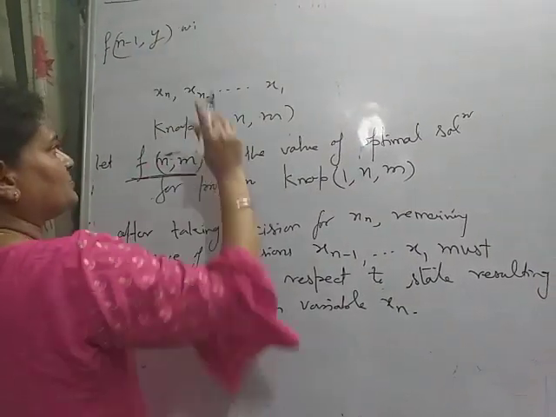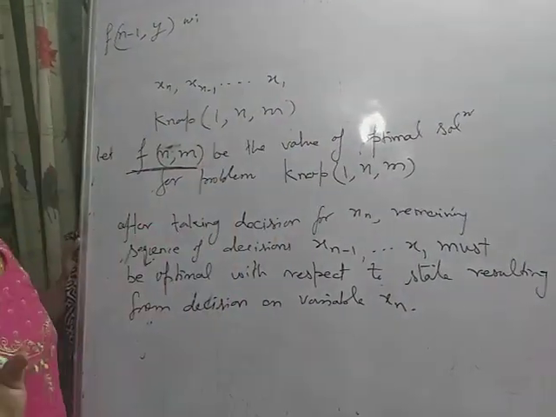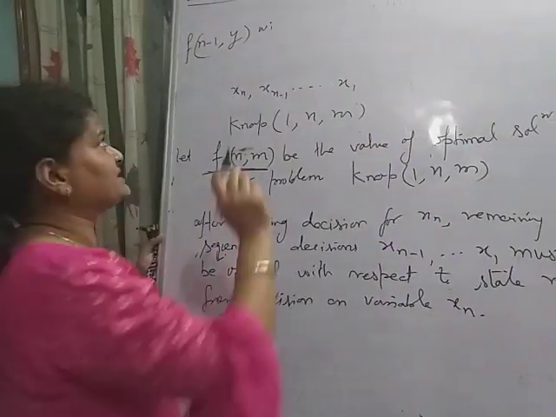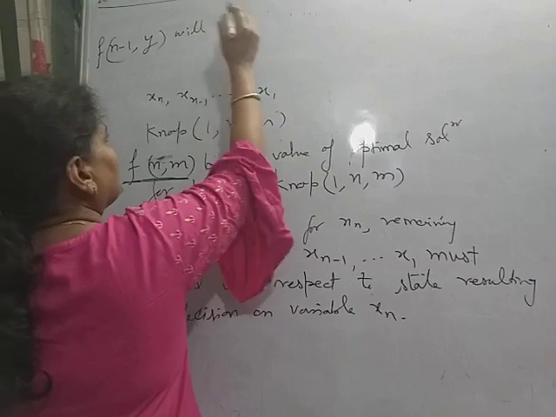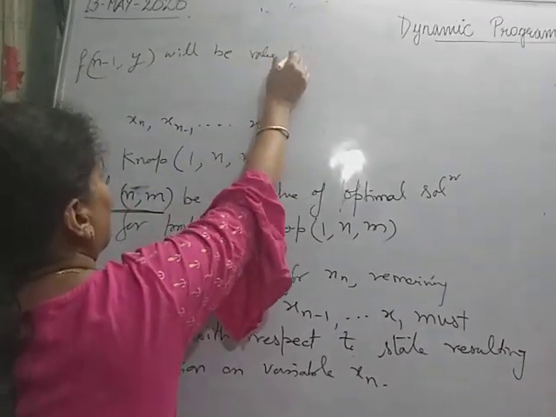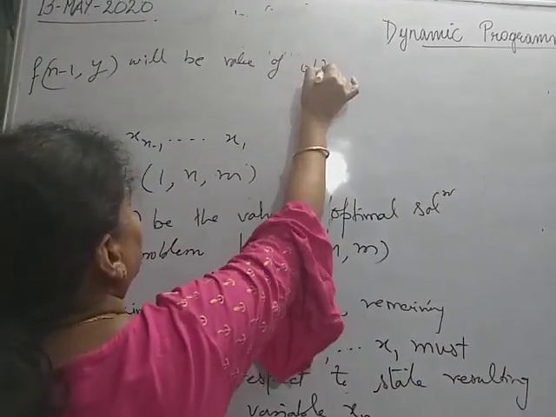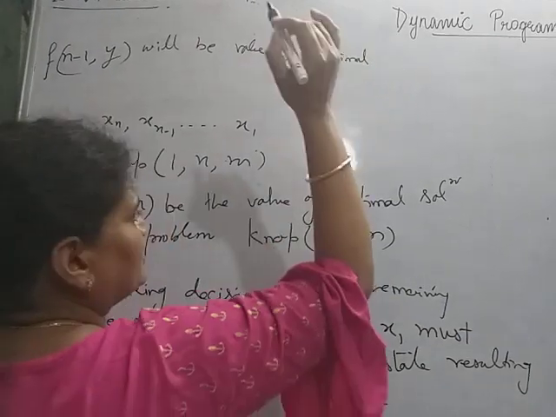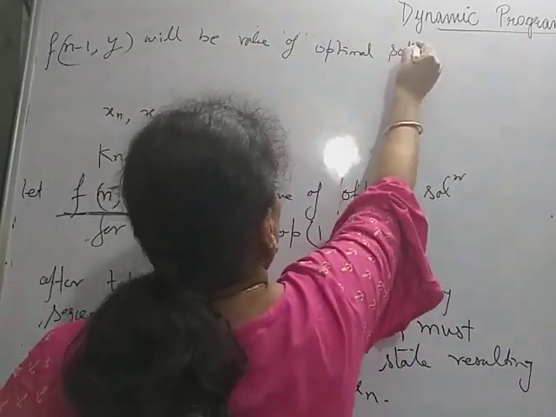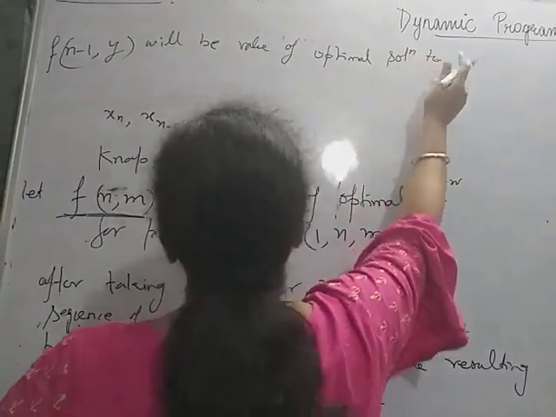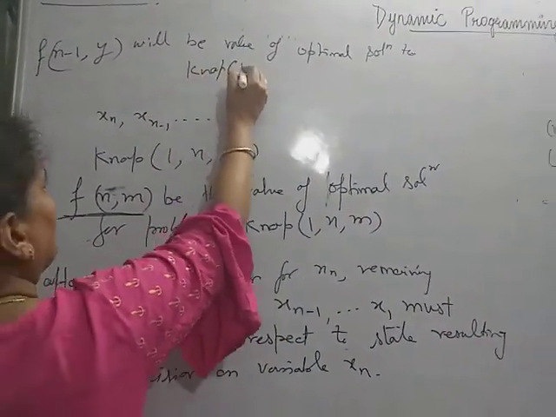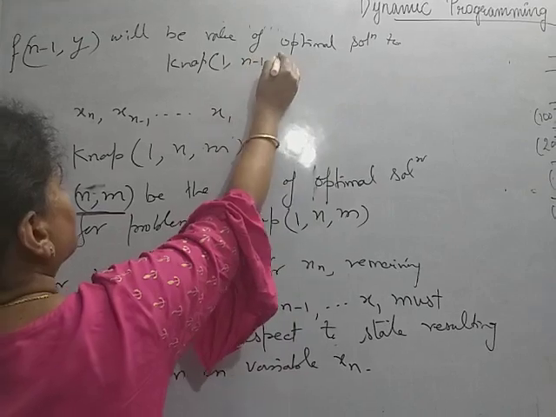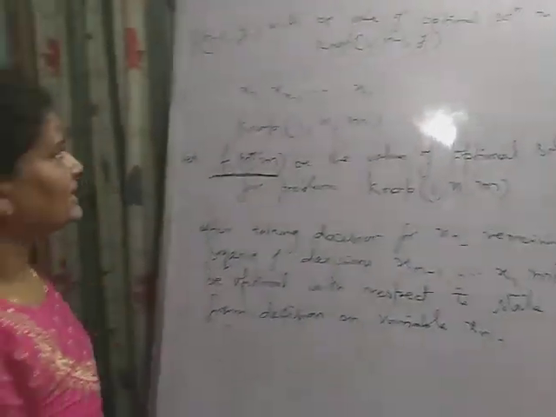If the remaining sequence of decisions is the optimal sequence, then this will be the value of the optimal solution to the problem knapsack 1 to n minus 1 with capacity y.